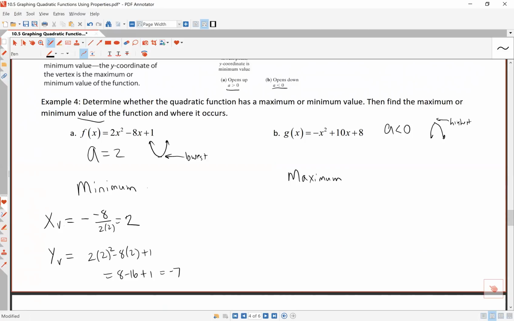So we say it has a minimum of negative 7, and it occurs where it happens at x equal to 2.